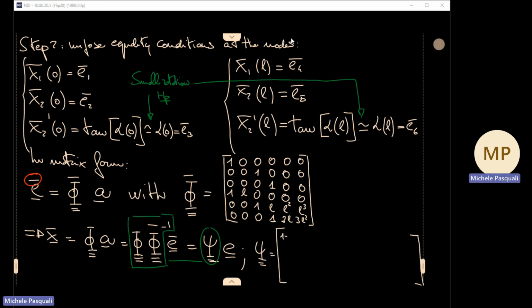It is 1 minus zeta and 0. Then you get 1 minus 3 zeta squared plus 2 zeta to the third. And above you have 0.